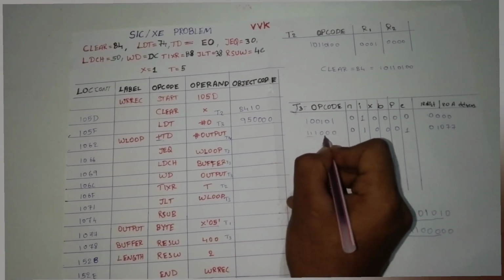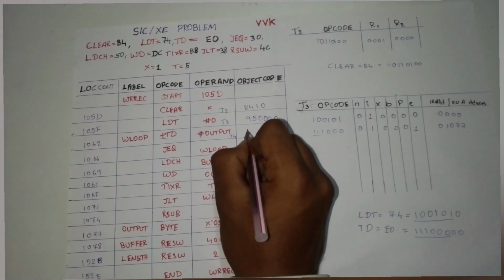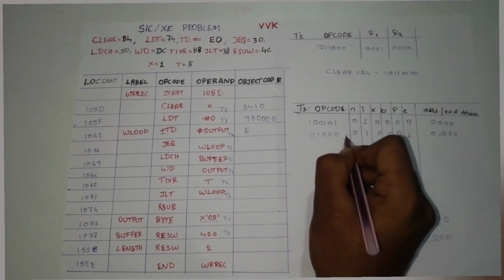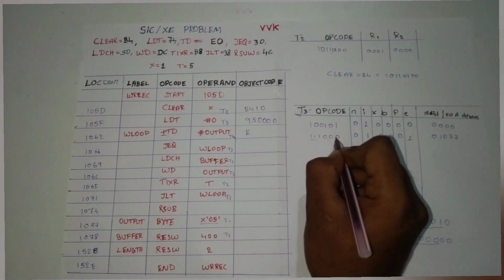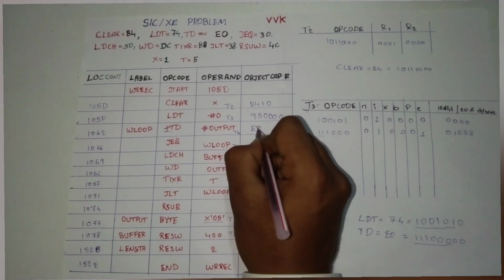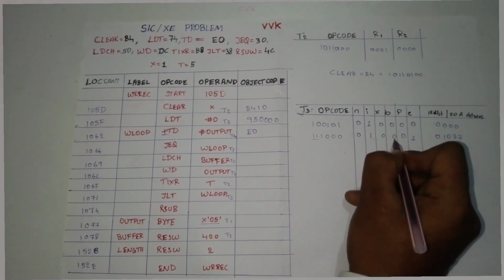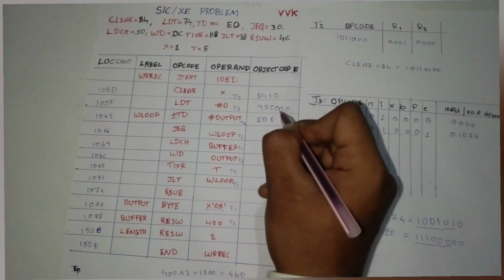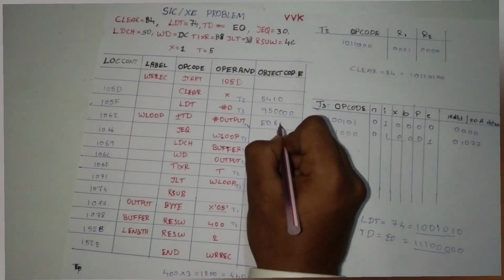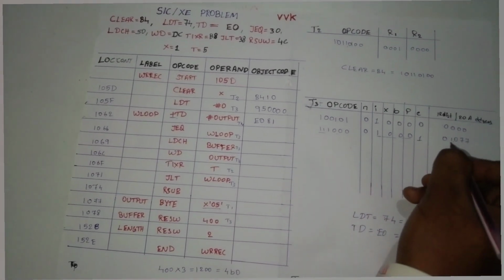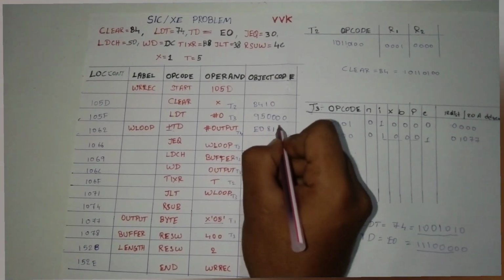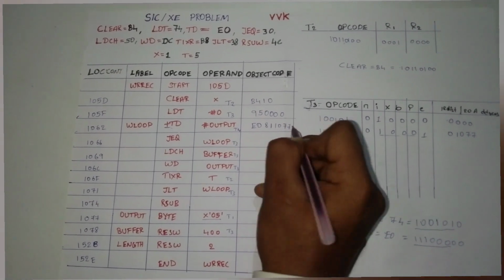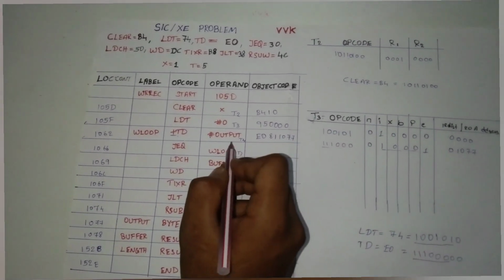So the object code for this we have to consider like this: E0, and again 8, 1, and the rest of the things we write like that, that is 1077. This is the object code for the TD.